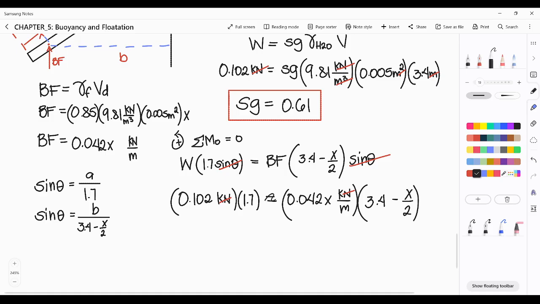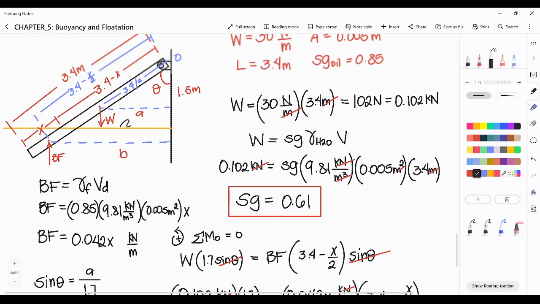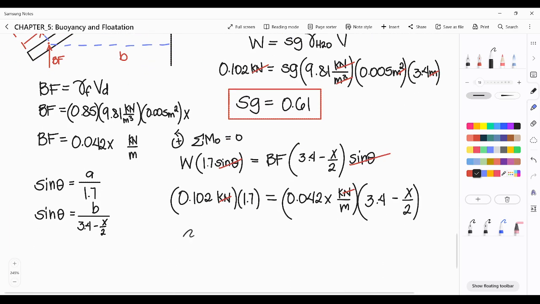And using your calculator, mga kasama, after taking the moment and then plugging in the necessary values and using trigonometry to solve this properly, we'll arrive with the value for x, and using shift solve or manipulate, you can solve for the value of x.